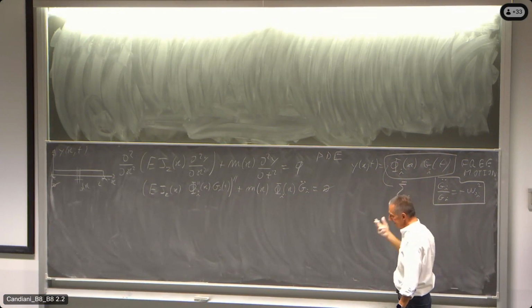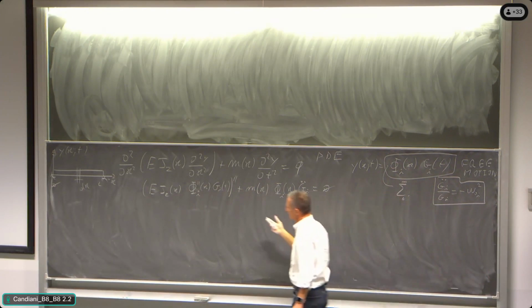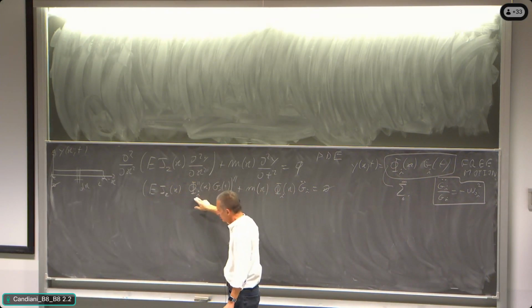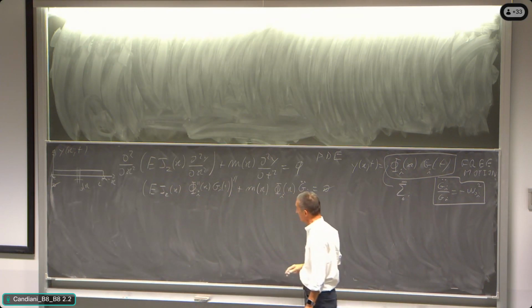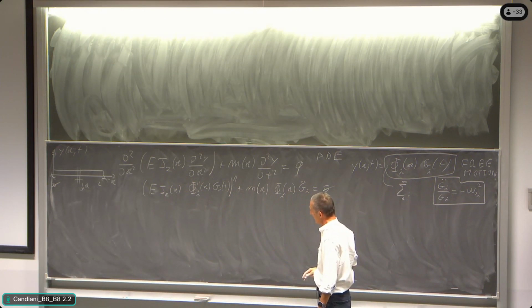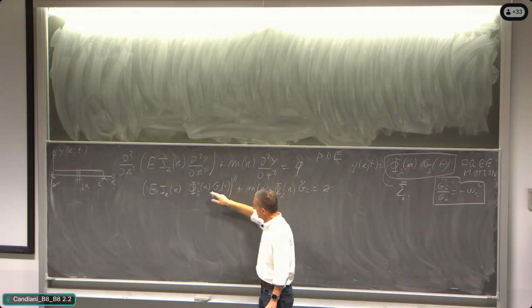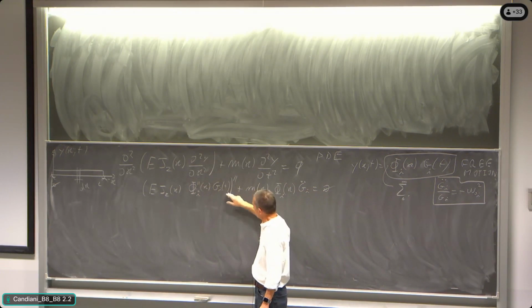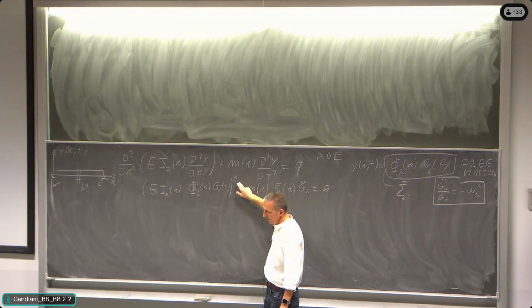For the ith mode, we can write that the solution phi, together with the function of time g_i, is satisfying this equation. Second derivative of the second order with respect to space.